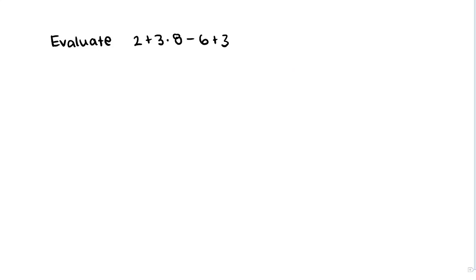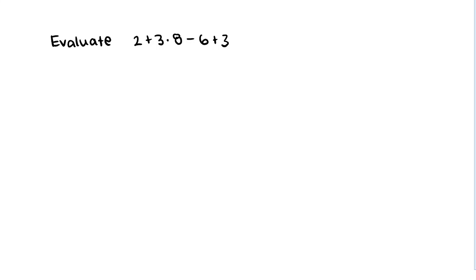So let's evaluate this expression here, 2 plus 3 times 8 minus 6 plus 3. I encourage you to pause the video and take the ideas we've discussed so far to evaluate this expression. So what we've said is, to evaluate an expression, which operations come first?